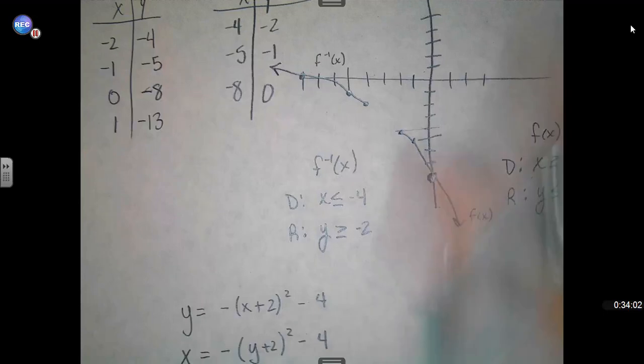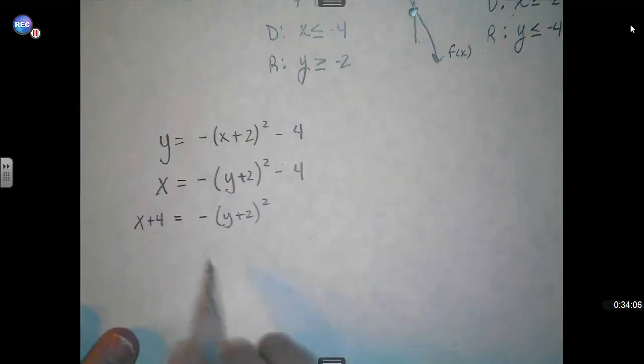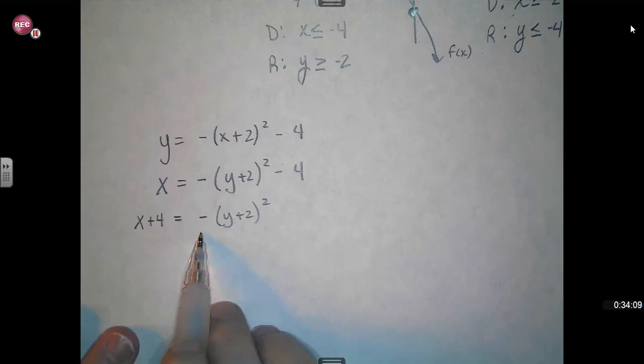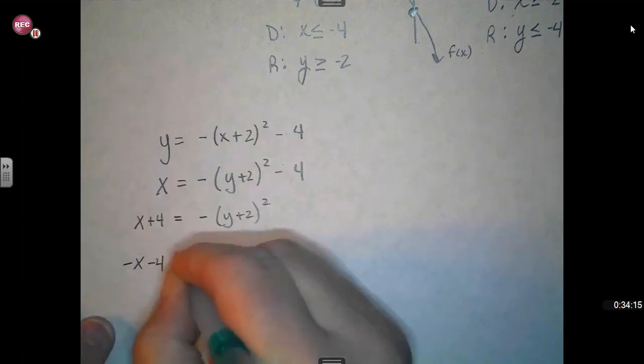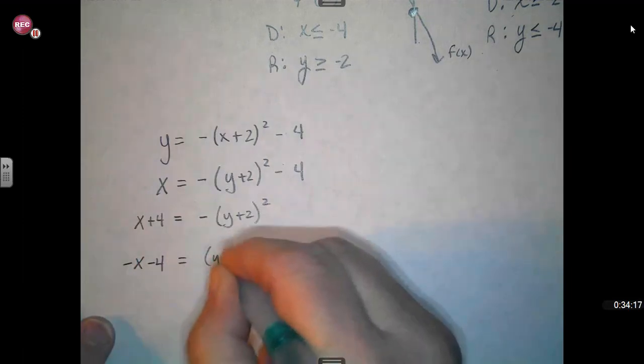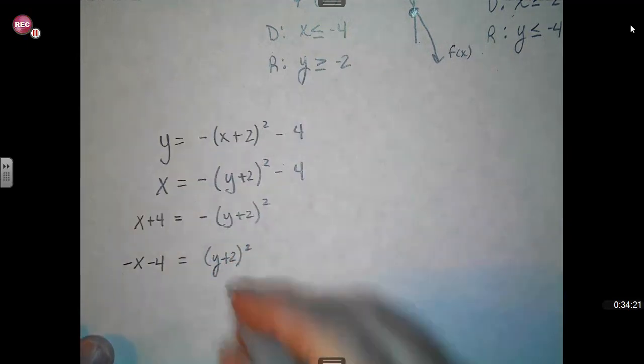The first thing I'm going to do is get rid of that 4. And I'm not going to take the square root of both sides with this negative being in front of here. So I'm going to get rid of that negative, which means this is going to be minus x minus 4 equals y plus 2 quantity squared. Now I'm going to take the square root of both sides.